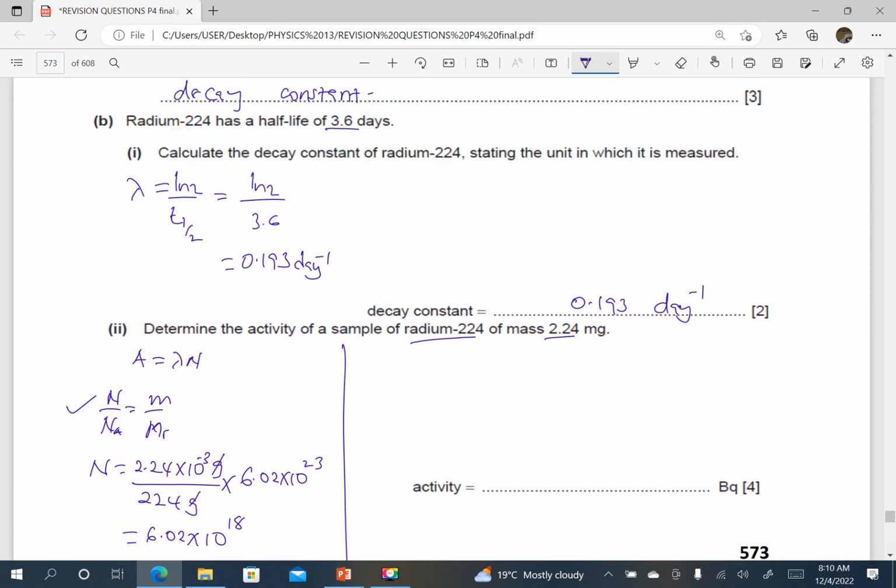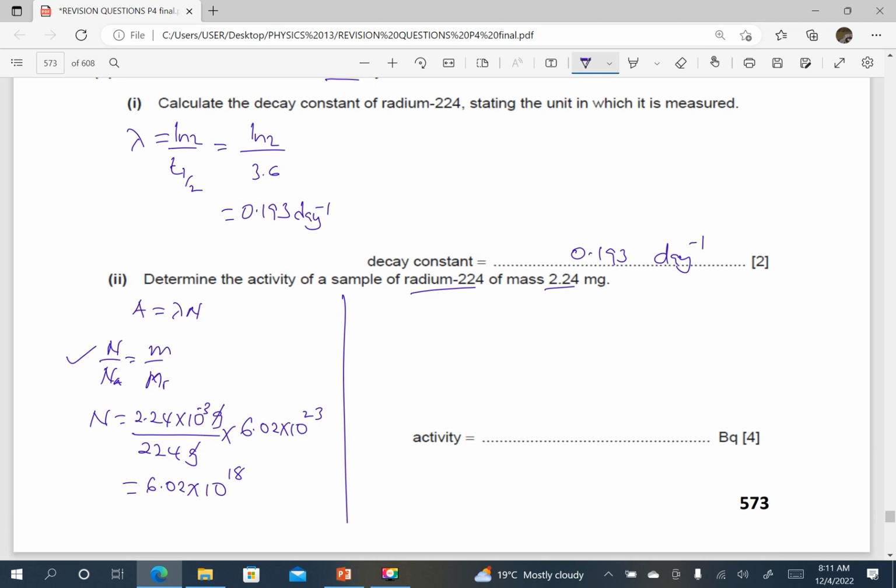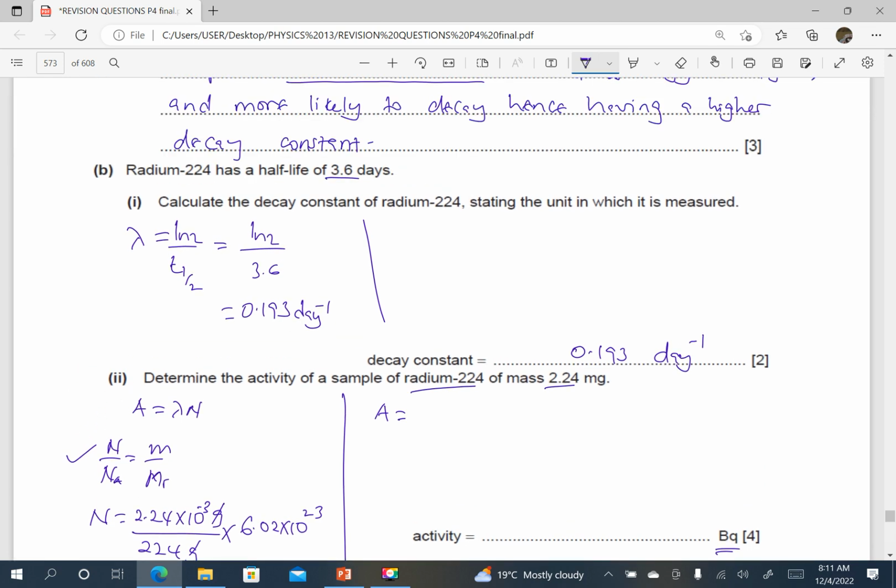So activity is lambda times N. Lambda is 0.193. Because I want the answer in becquerels, by all means I will need the decay constant in seconds. Let me check method 2. Decay constant is ln 2 divided by 3.6 times 24 times 3600.